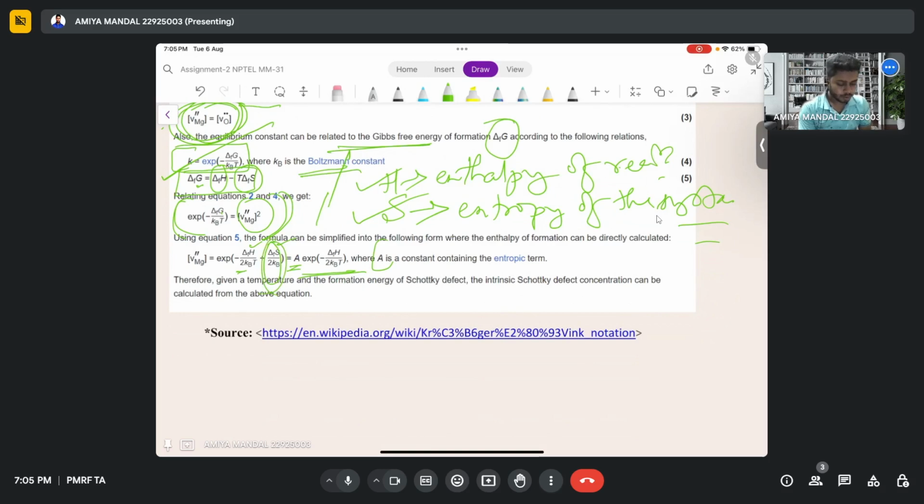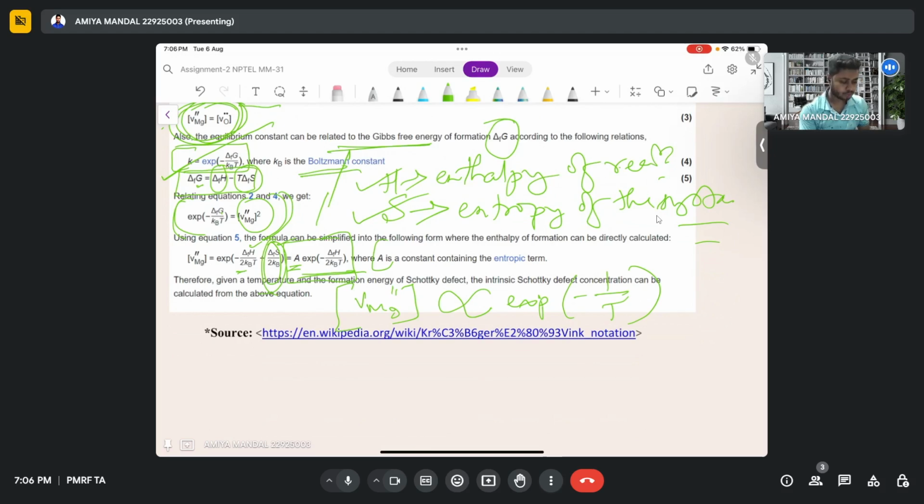So A into delta H: the concentration of the vacancy is directly proportional to the exponential of minus delta H by 2kBT.